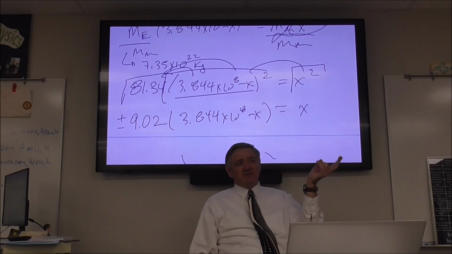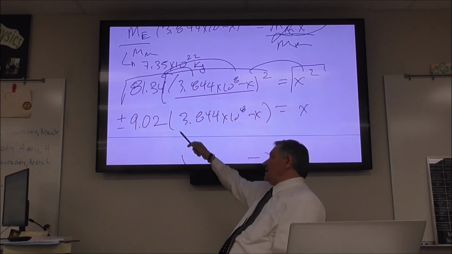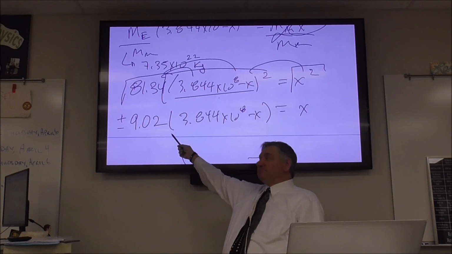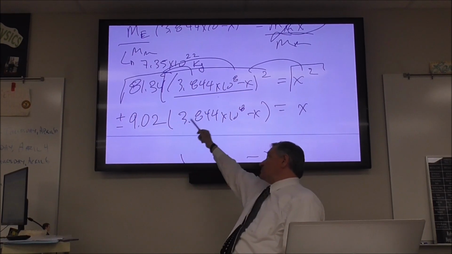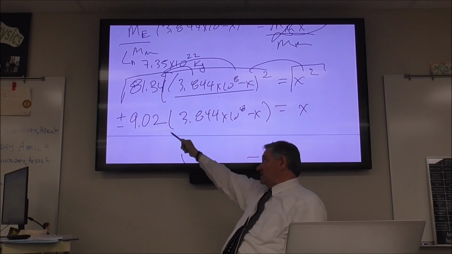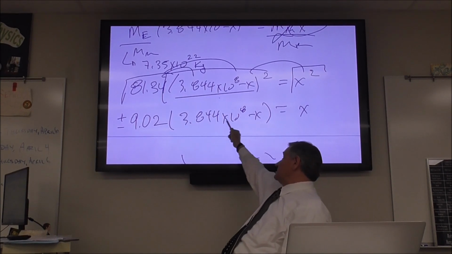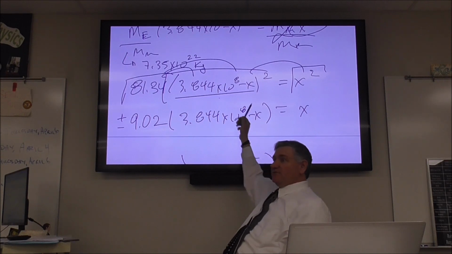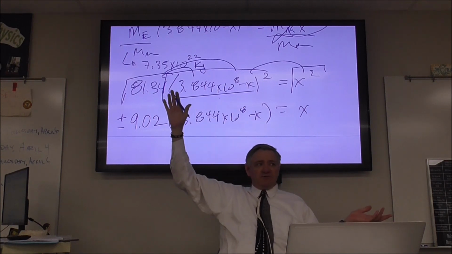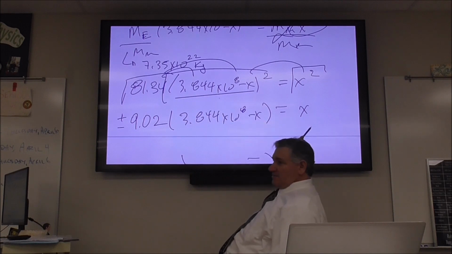So here's how you're going to get your 2 possible roots. Take the positive 9.02, multiply it by, distribute it over this quantity. So take 9.02 times this, and then you get 9.02 times the negative x, which is going to get you negative 9.02x. And that equals x.